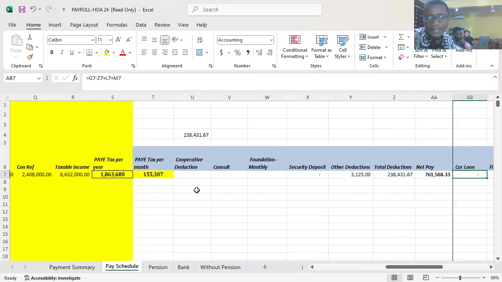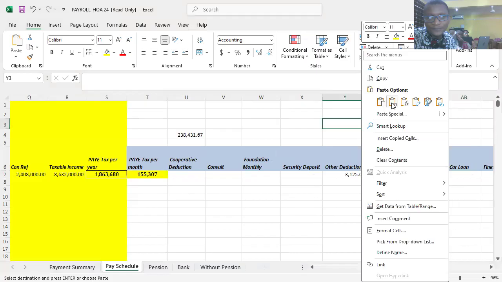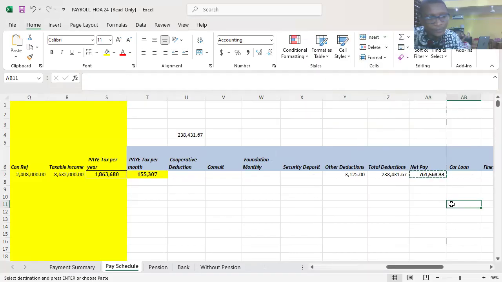How much is the net here? The net here is 7. Let me paste it somewhere here.